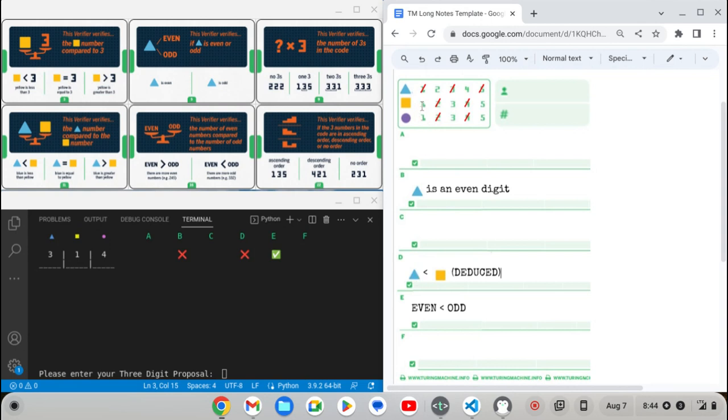So yeah, I think we can cross out the 1. Can we cross out anything for triangle? I don't think so, because there's always going to be something bigger than 2 and something bigger than 4. So I think the 1 is the only thing we can cross out. And I think that's about it. Okay, so I think this does conclude this round.